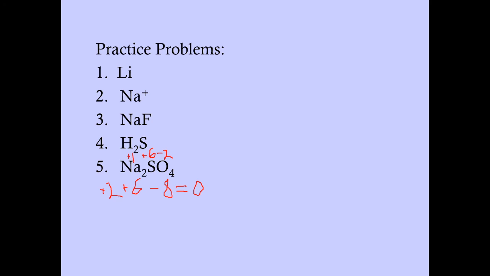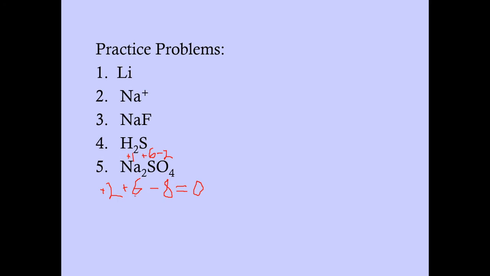Sodium's plus 1 because it's always plus 1. Oxygen's -2 because it's always -2. This sulfur is plus 6 based on the fact that these two numbers are what they are, and that there's 2 sodiums and there's 4 oxygens. Plus 1 times 2 gives us 2. Negative 2 times 4 gives us negative 8. So for this to be balanced, for this to add up to 0, this sulfur has to be a plus 6.